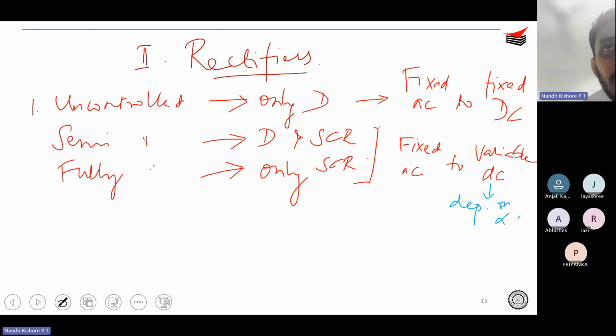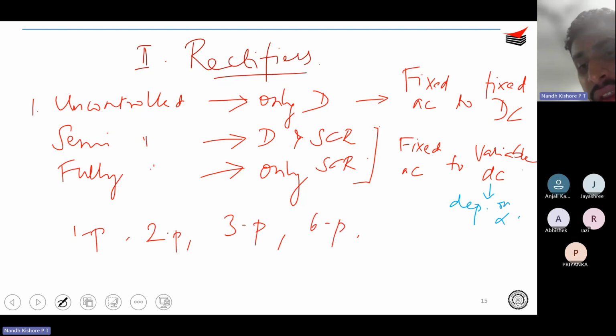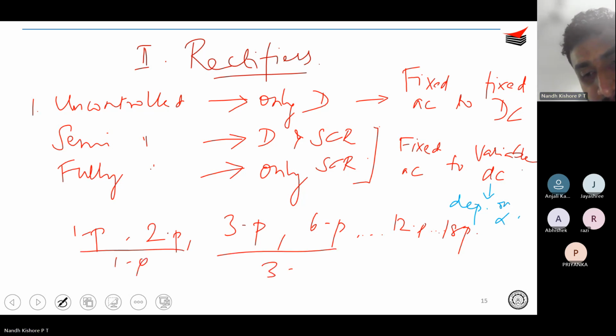These are the categories you saw, and you of course categorize them as one pulse rectifier, two pulse rectifier, three pulse rectifier, and six pulse rectifiers, and you have 12 pulse, 18 pulse, and so on, multi-pulse rectifiers. These two are for single phase, and these for three phase, and so on.